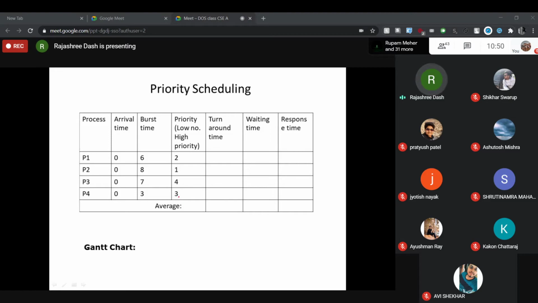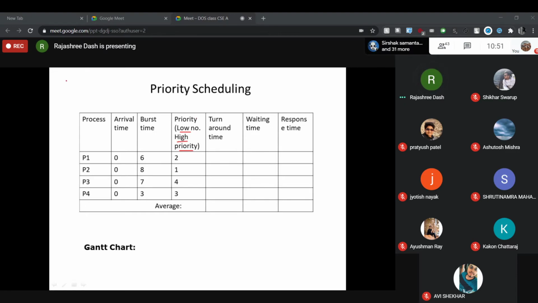Now listen carefully. If no statement is mentioned whether low number is high priority or low number is low priority, then remember the default case is low number high priority. Here also it was specified that low number means high priority of the process.